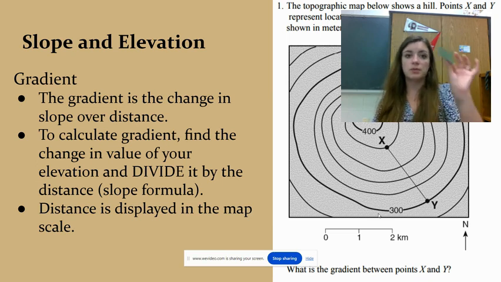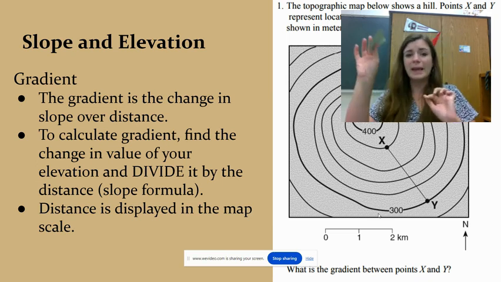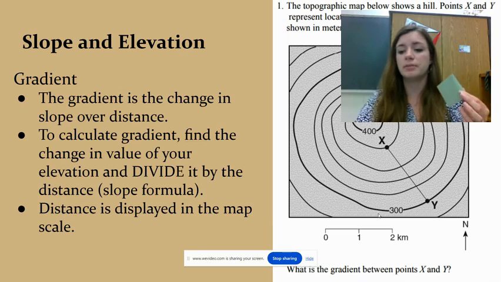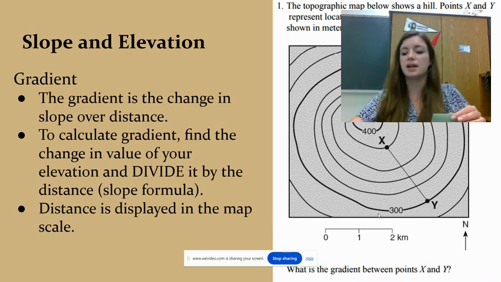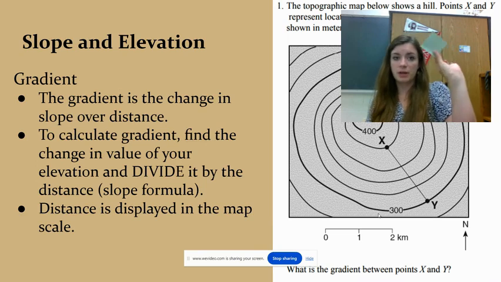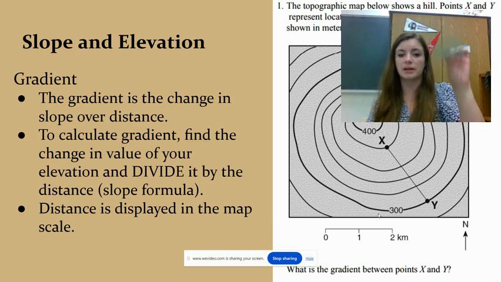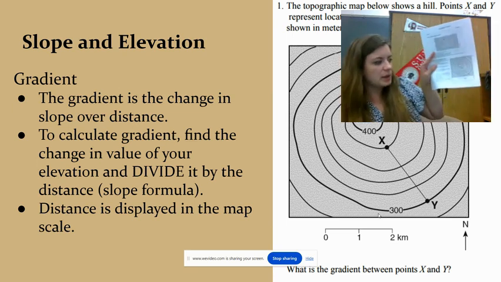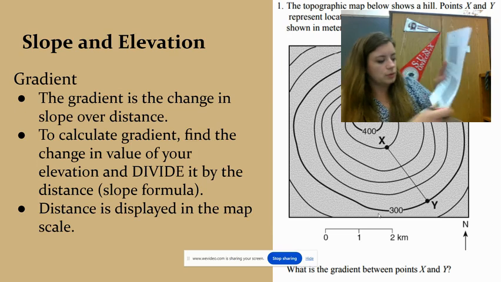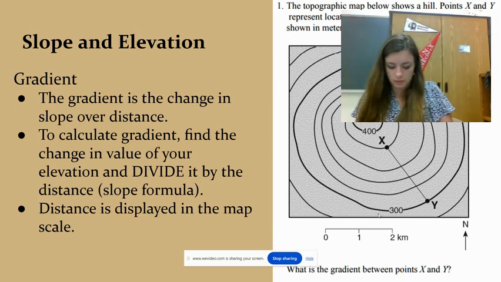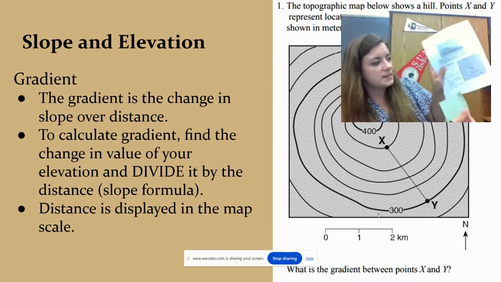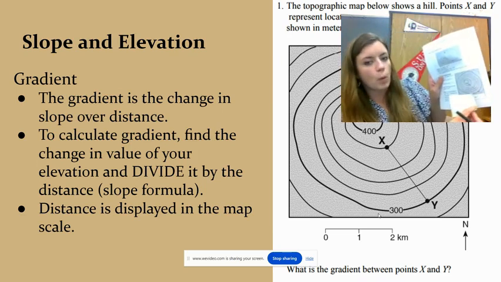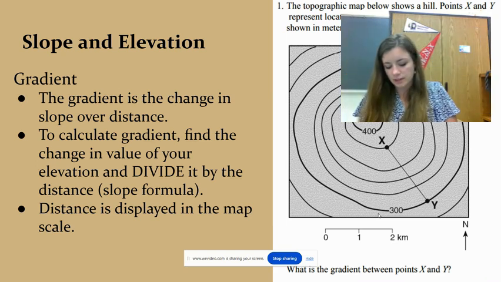So what I do is I'm going to take a piece of paper like a sticky note, wherever I'm doing my practice problems or my test, and bring it to my map scale. Okay, I have my map scale. Actually, I'm going to put my sticky note on my X and my Y line, instead of my scale.